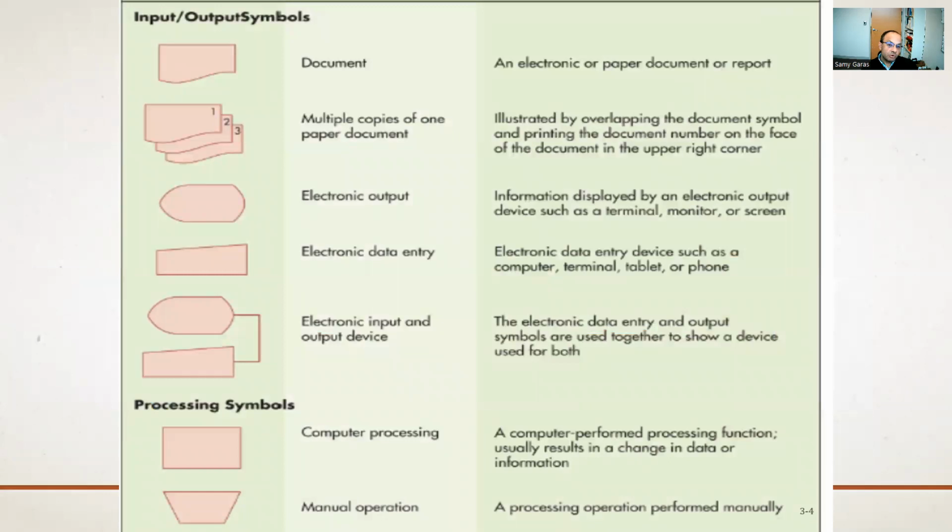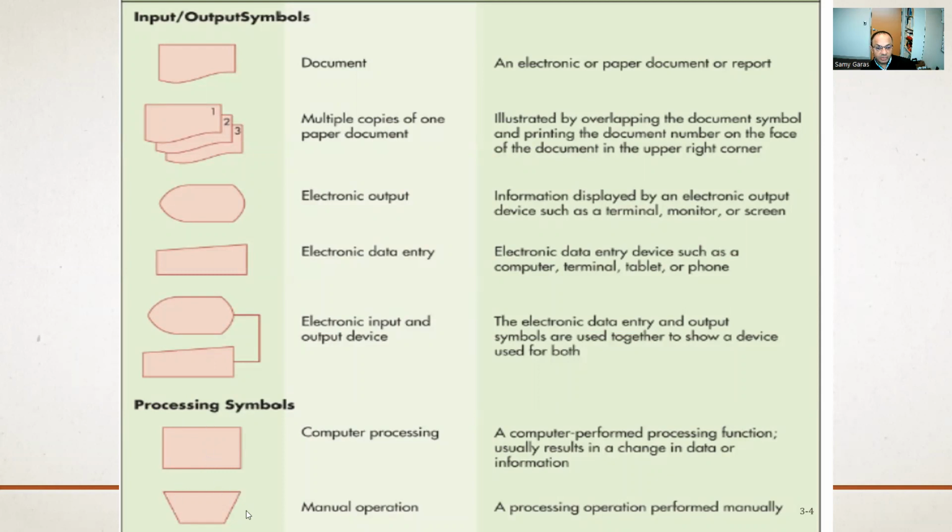Then we will go through the other functions using the flow chart. And here I'm just putting a screenshot about the symbols that you will see in the coming slides. For example, this one is a symbol of document. This is a document with multiple copies. Here, electronic output, electronic data entry, and you will see that this symbol is repeated a lot. Here, input and output. So here they are separated, but here they are together. The processing, if we have a rectangle, it's computer processing.